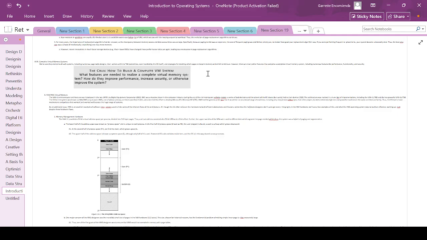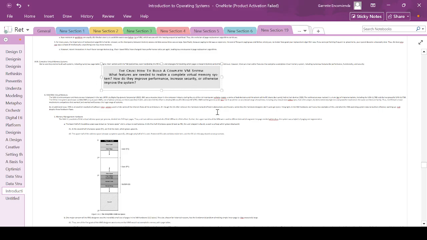However, there are many other features that comprise a complete virtual memory system, including numerous features for performance, functionality, and security. Now we will discuss how it works completely throughout the system.